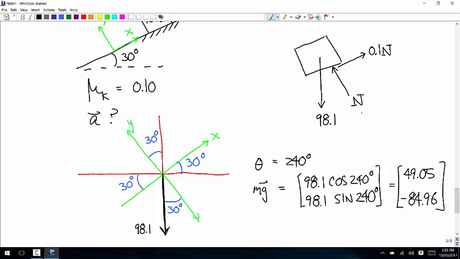This is something that is easy to mess up. Why? That weight force is down. Why didn't I multiply the cosine and sine by negative 98.1? A lot of people, you know, that's an easy thing to get wrong. So why is it positive instead of negative?